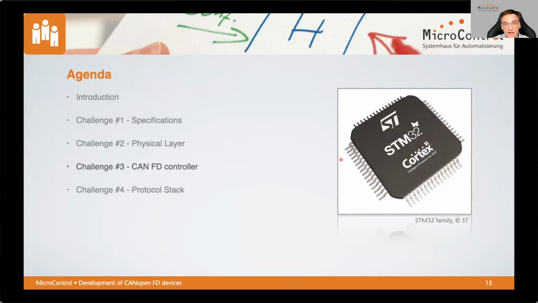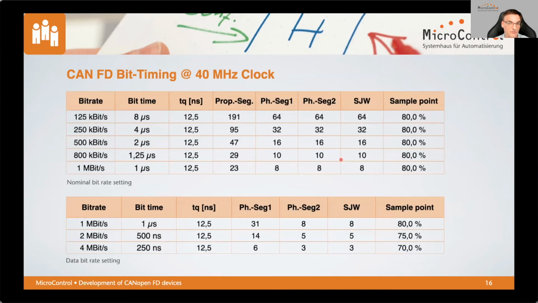So now let's jump to the next challenge. We hopefully solved the physical layer, which is quite important. Now we have to select a CAN FD controller for our purpose. And how do we start with this selection of the CAN FD controller?